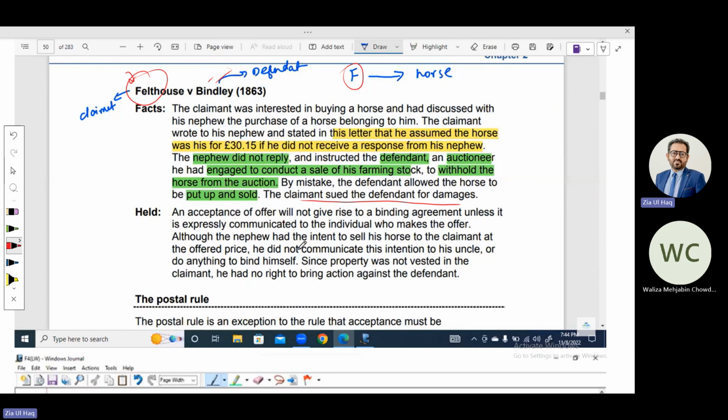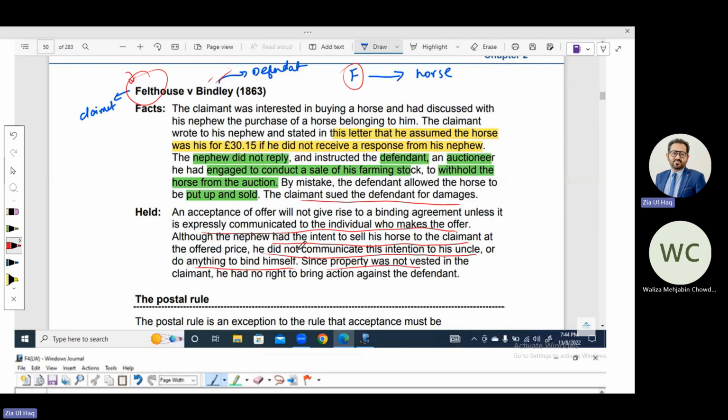An acceptance of an offer will not give rise to a binding agreement unless it is expressly communicated to the individual who made the offer. Although the nephew had the intent to sell his horse to the claimant at the offer price, he didn't communicate this intention to his uncle or do anything to bind himself.